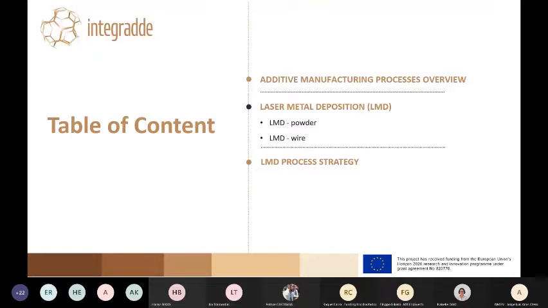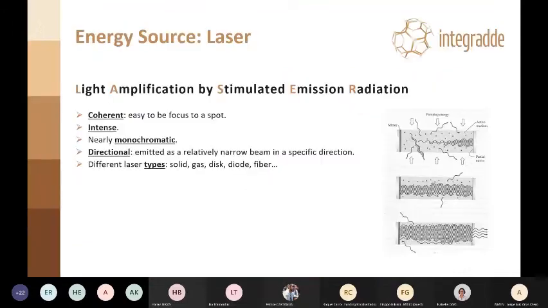Regarding laser metal deposition, as the name says itself, it is based on laser as an energy source. Laser is an acronym for light amplification by stimulated emission of radiation.